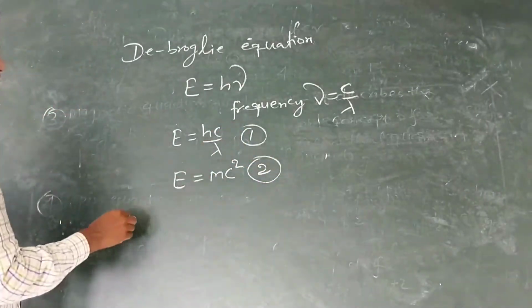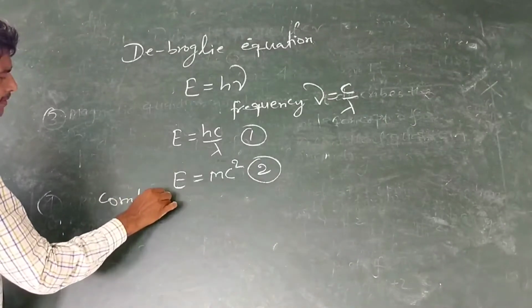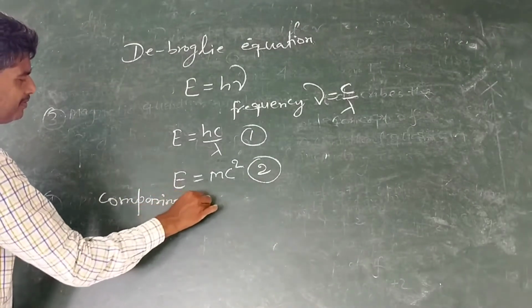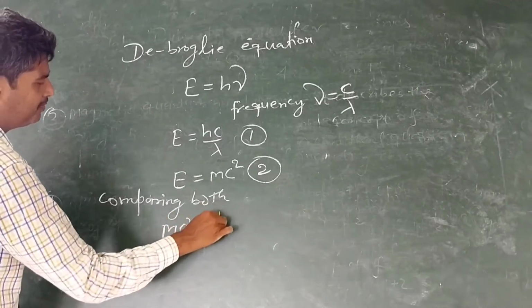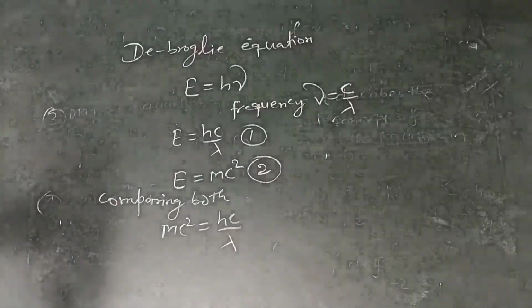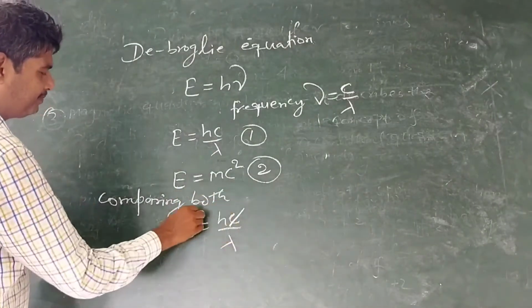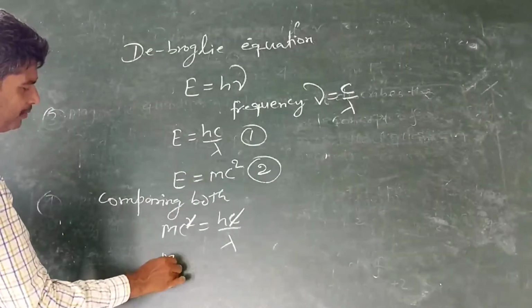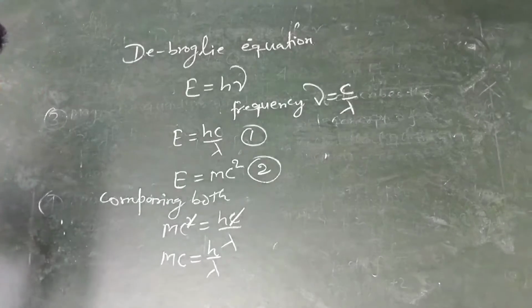Now comparing both, mc square is equal to hc upon lambda. Here c is present on both sides, so one c will cancel. Thus we have mc is equal to h upon lambda.